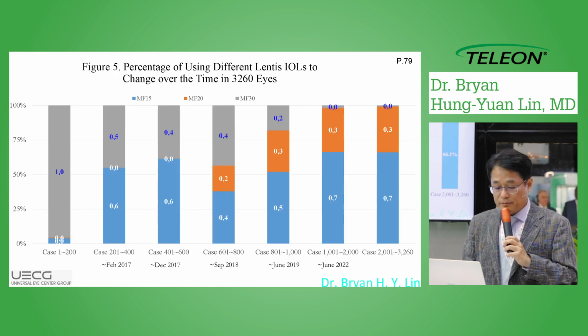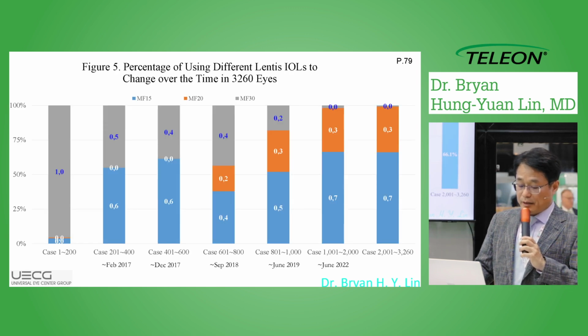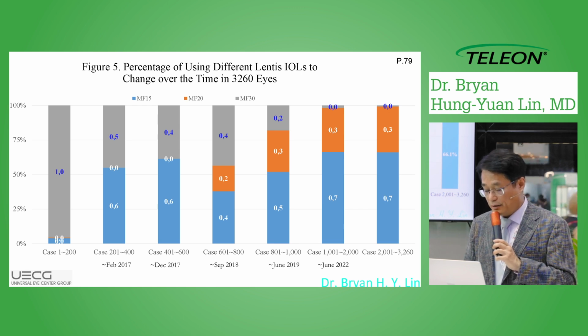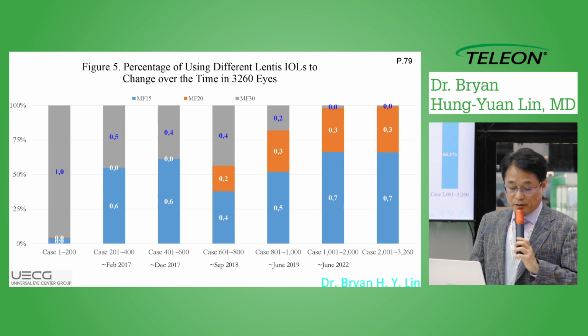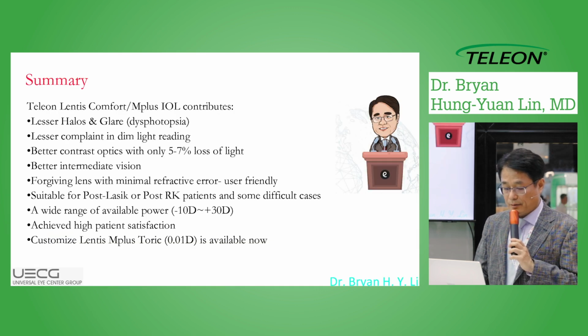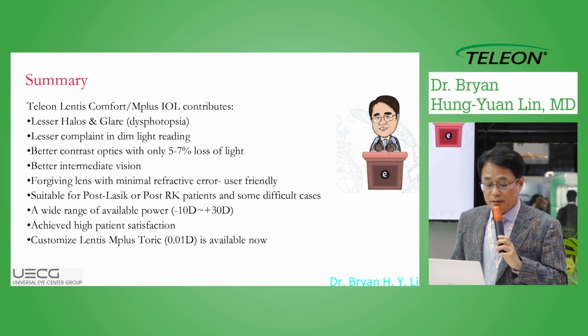This figure shows that as the number of cases increased, the proportion of high-end IOL users significantly decreased, while the use of intermediate to low-end IOLs gradually increased. Here's a summary.